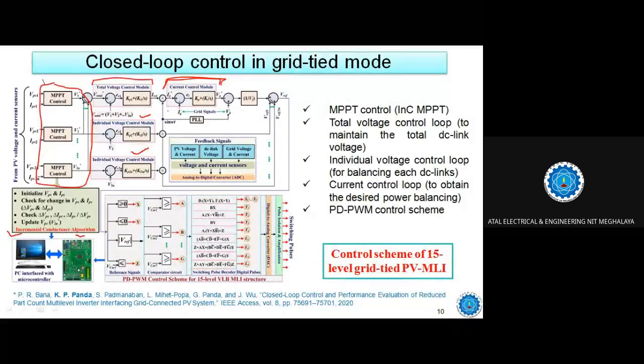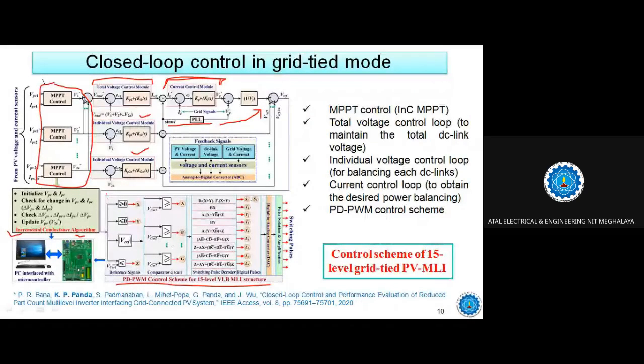And if you see another thing, all these individual DC link voltage control modules are giving a signal through this PLL. PLL is used for synchronization with the grid, and that is used for generating the reference signal. Here you can see this reference signal is going to be used for developing the PWM control scheme for the structure, right?